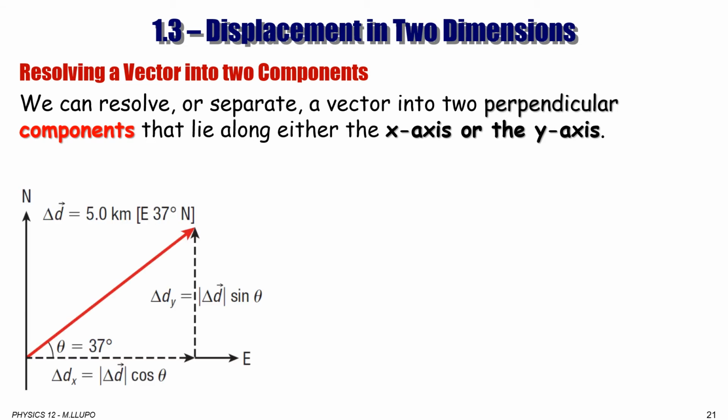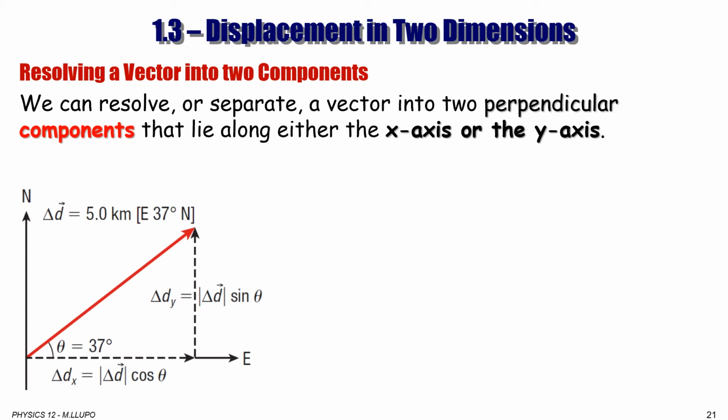Here is an example. By the way, you don't necessarily have to always say x and y, but sometimes we interchange between north, south, east, west, and x and y. And that is going to be common most of the time. Let's say that you have an example of a displacement of 5 kilometers, 37 degrees north of east.